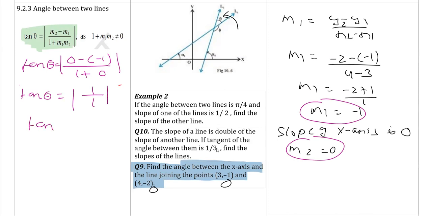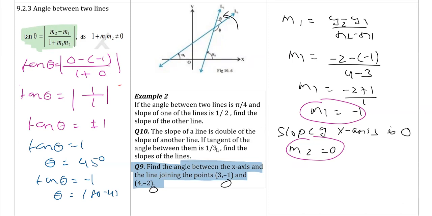And as you know, when you open a modulus sign, it should be plus minus 1. We can have two different values of tan theta. Case one, when tan theta is 1, in that case theta is 45 degrees. And when tan theta is minus 1, the theta is 180 minus 45, that is equal to 135.